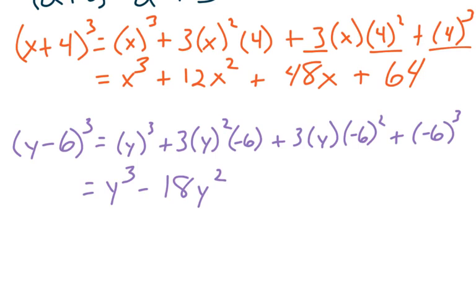Negative 6 squared is 36. 36 times 3 is 108, and it's positive, 108y. And then negative 6 cubed: negative times negative is a negative, and 6 to the third power is 216. So y cubed minus 18y squared plus 108y minus 216.